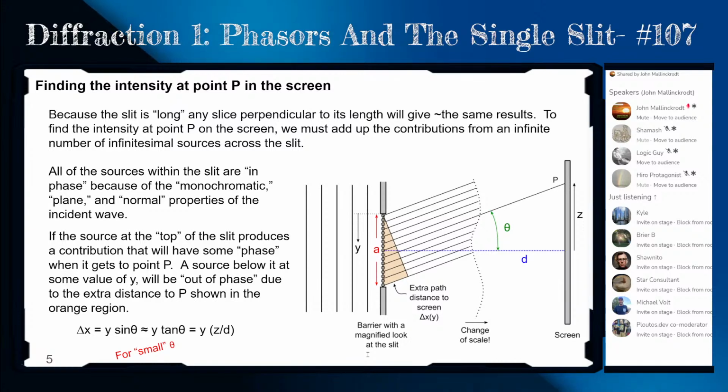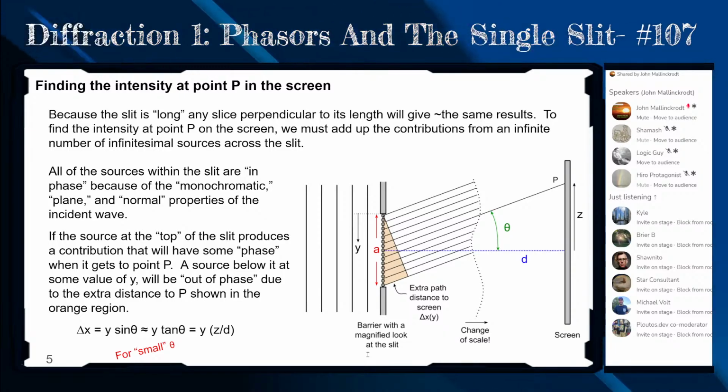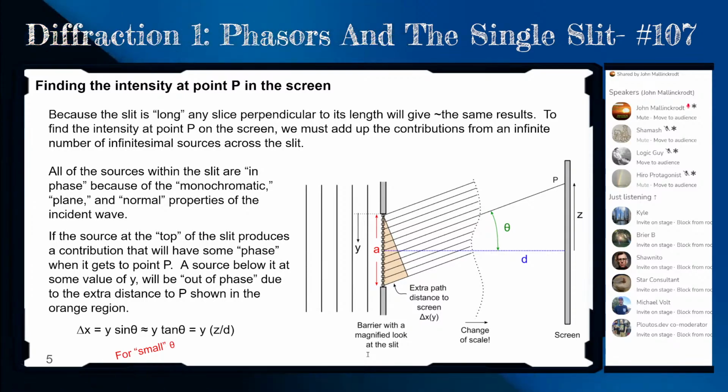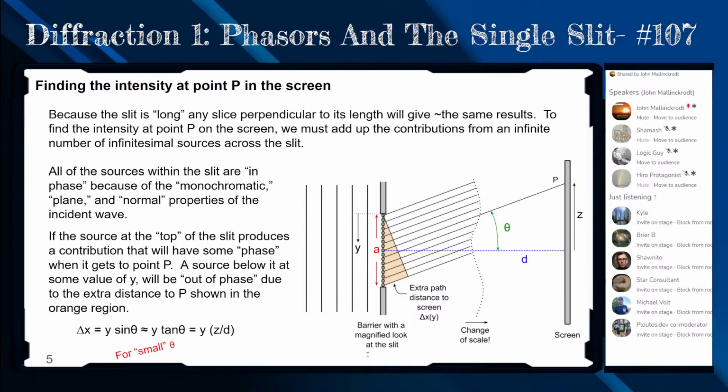I want D to be a meter, 1,000 times the size of the aperture, or at least 10 centimeters, 100 times the aperture size. I want D to be so large that each of those little infinitesimal sources that I've divided the slit up into is the same distance from point P.